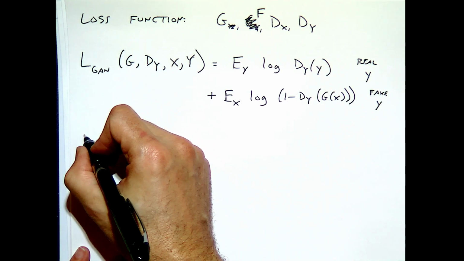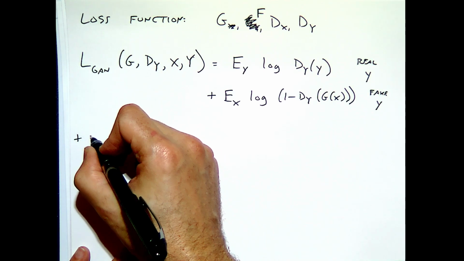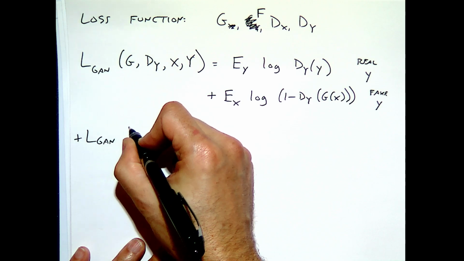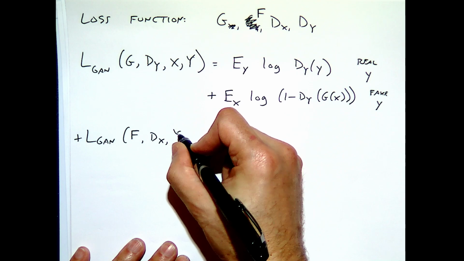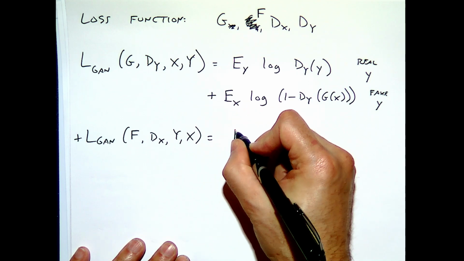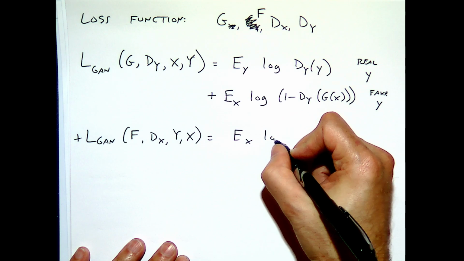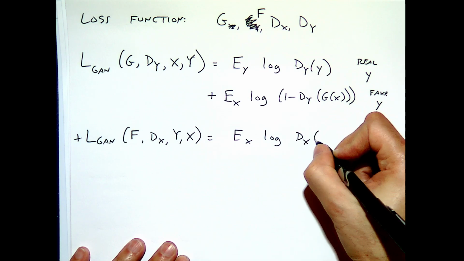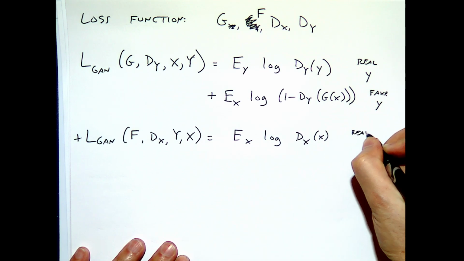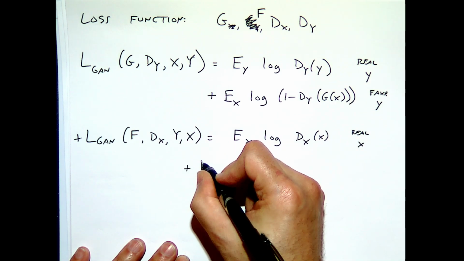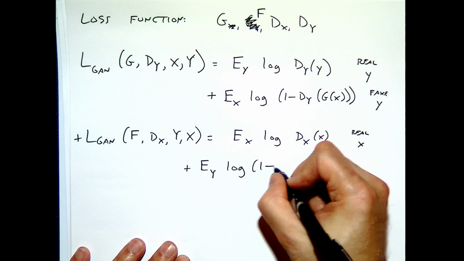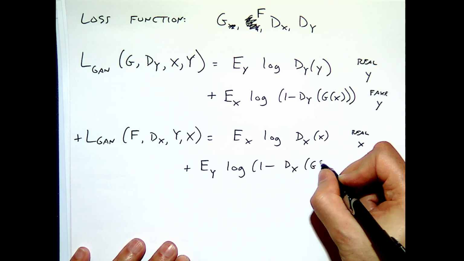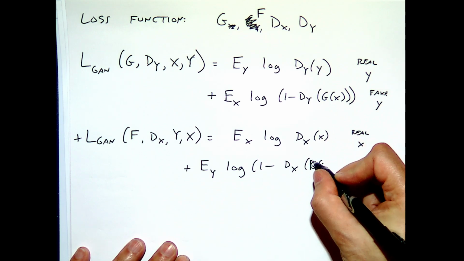And then I have a GAN loss for the reverse guy. So it's like saying I look at over the distribution of x, these are my real x's. And then I have my fake x's. Sorry, I called this f.